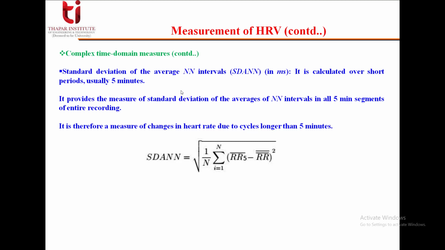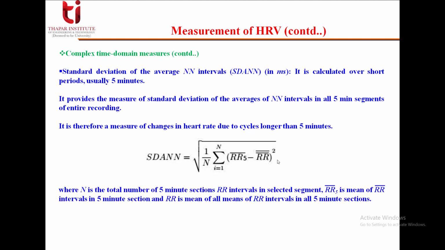SDANN is calculated as square root of 1 by n, summation i running from 1 to n, of RRi minus RR average, whole square. Basically we are calculating a standard deviation, so it is squared. Here n is the total number of 5-minute sections of RR intervals in the selected segment.